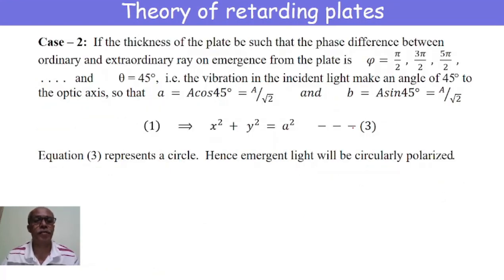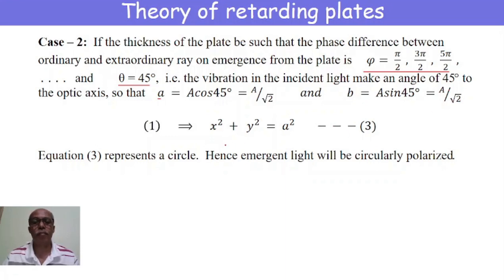Now we have the second case. If the thickness of the crystal is such that it produces the same phase difference, phi equals pi by 2, 3 pi by 2, 5 pi by 2 and so on, and also if theta equals 45 degrees, that is, the vibration of the incident light makes an angle of 45 degrees with the optic axis, then small a will be equal to a cos 45 degrees, that is a by root 2. Similarly, b is also equal to a by square root of 2.